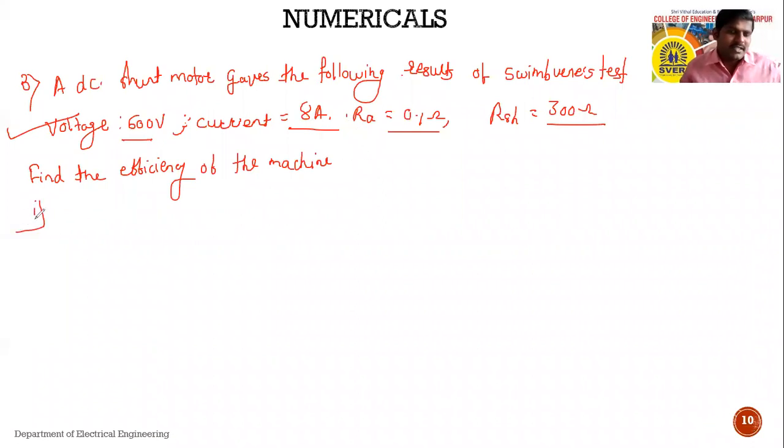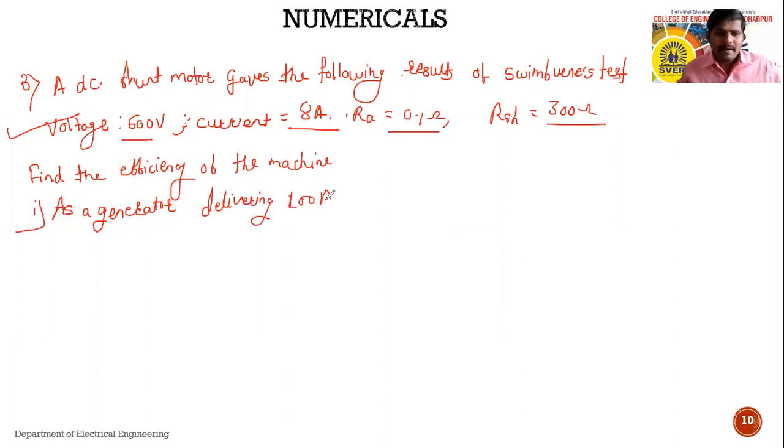First one, याच्यामध्ये पहिलं, as a generator delivering 100 ampere at 600 volt. This is one important question. Delivering 100 ampere at 600 volt.